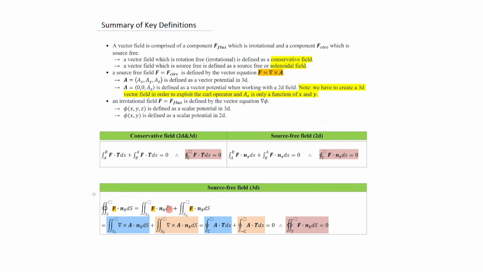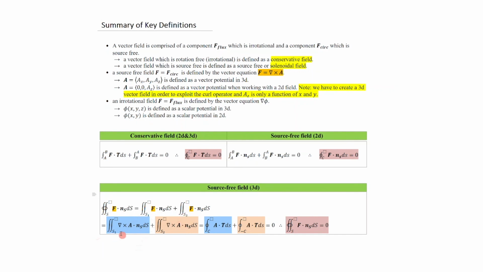These 2 surfaces are glued together, but they share a common boundary or contour, at which point the 2 surfaces are stuck together. Now, because this is a source-free field, we can make use of the fact that F is the curl of the vector potential A. And so we substitute in here the curl of A, and we substitute in here the curl of A.